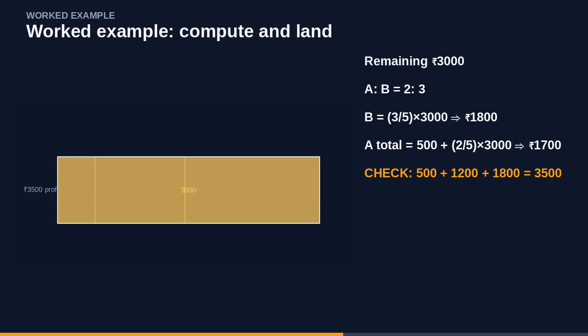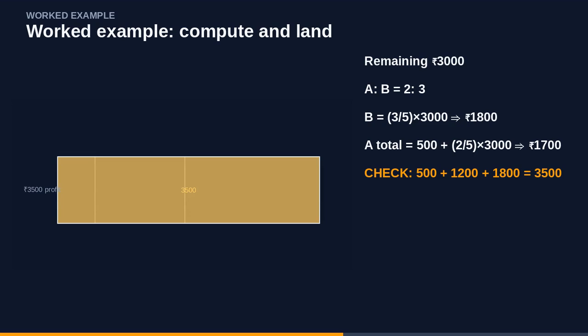Investment weights A, B, same period, equals 1,000, 1,500, so 2, 3. B's part equals 3 divided by 5 times 3,000, so rupee 1,800. A's total equals 500 plus 2 divided by 5 times 3,000, so rupee 1,700. B's part rupee 1,800. A's total receipt rupee 1,700.